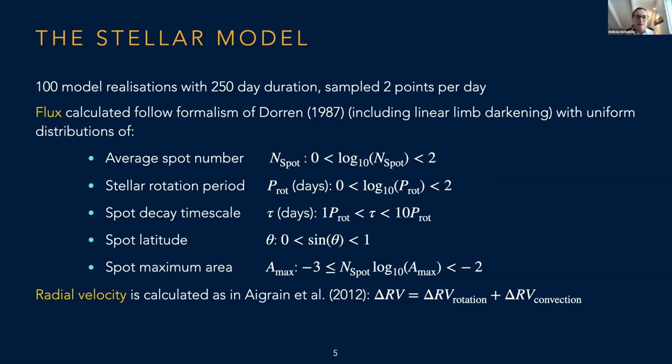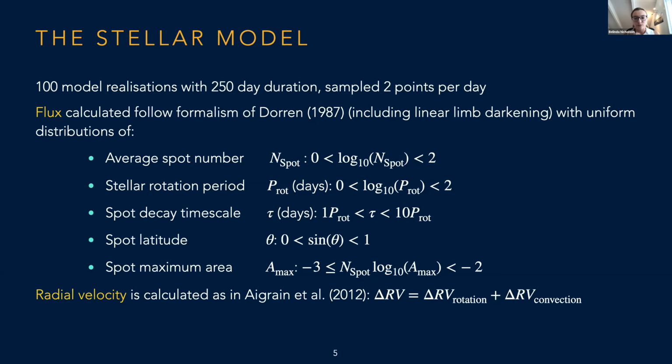And we have various parameters: average spot number, stellar rotation period, a decay timescale, and some sort of spacing and size of these spots on the stellar surface. For the radial velocity, we calculate it as the contribution, or lack thereof, of the spot to the rotational velocity and the contribution of the convection.